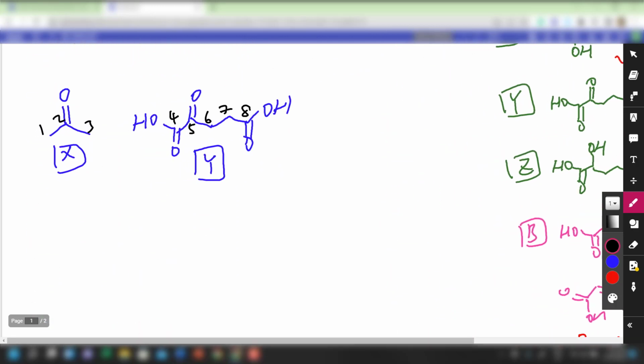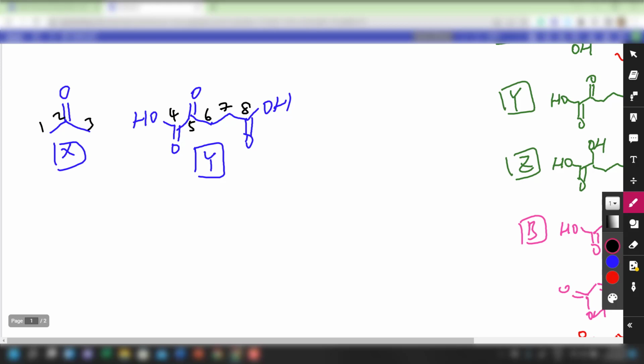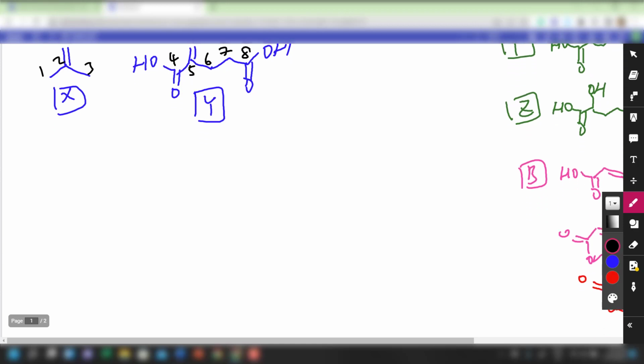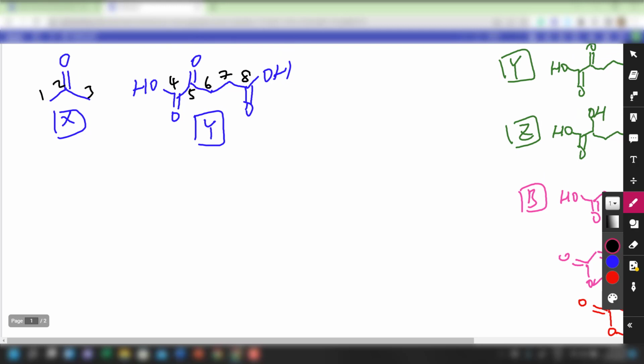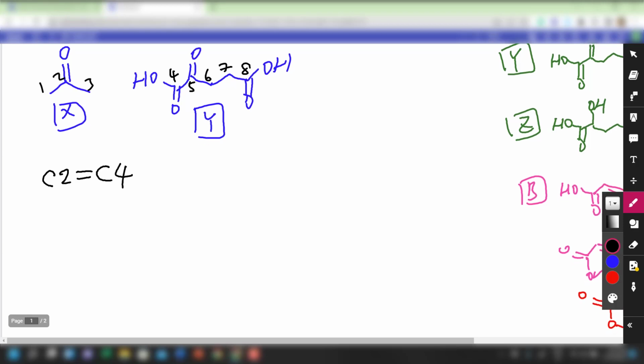Yeah, so from here, right, from the structure of X and Y, you can arrange them in such a way that you are able to get 3 possible structures for U. Okay, what do I mean? For example, I can have C2 and C4 having the CC double bond right at the start.